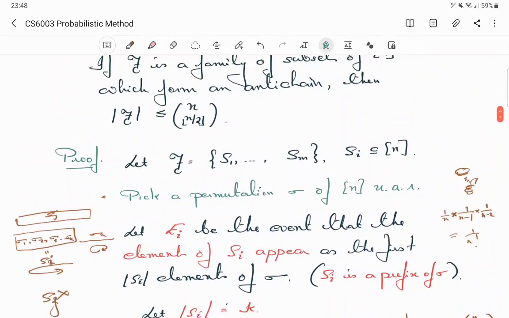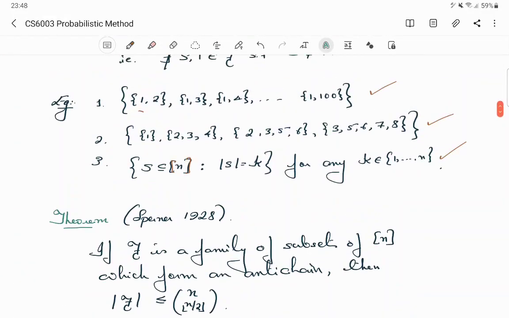And yeah, the first remark again applies. The statement is an entirely deterministic statement. There is nothing uncertain about the statement. It does not say that with very high probability or significant probability something happens. It says that for any family which is an antichain, this upper bound holds. So this is going to be a recurring theme.